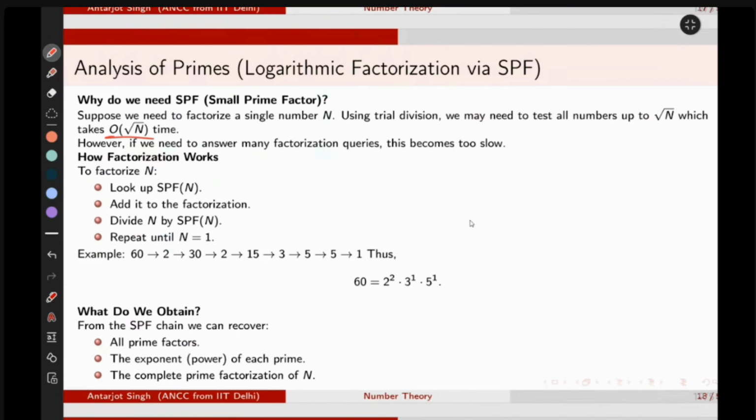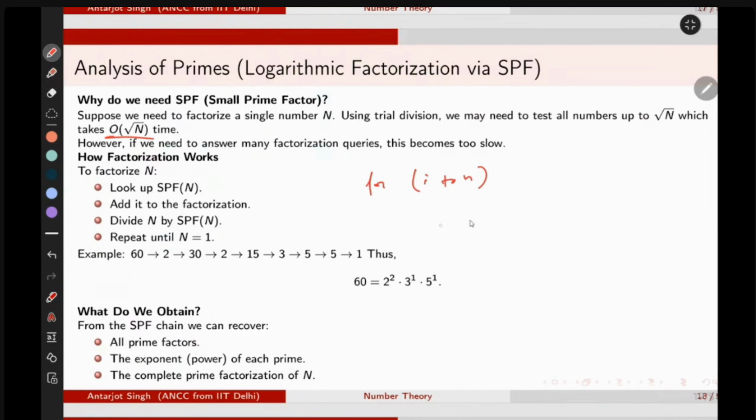by using sieve, we can just store the smallest prime for every number. Normally, if i divides p, then p is the smallest, like you are going through the loop from i to n, right?